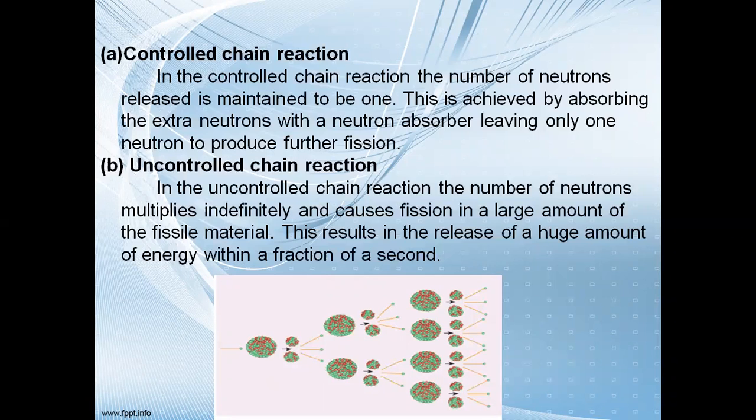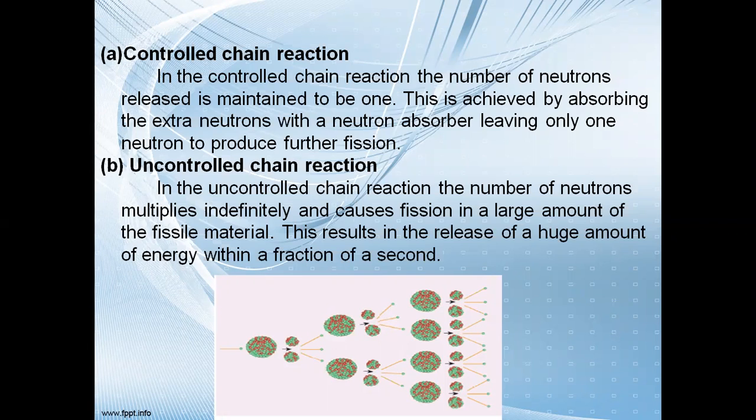Normally a chain reaction produces 3, 9, 27, etc. But in a controlled chain reaction, the fission first releases 3 neutrons, and only 1 neutron moves on to a further fission reaction. The remaining neutrons are absorbed with the use of a neutron absorber.